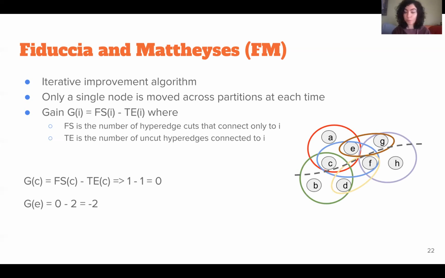FM is an iterative improvement algorithm, and it only moves a single node at a time to another partition. The way that it decides which nodes to move is by using this gain value.